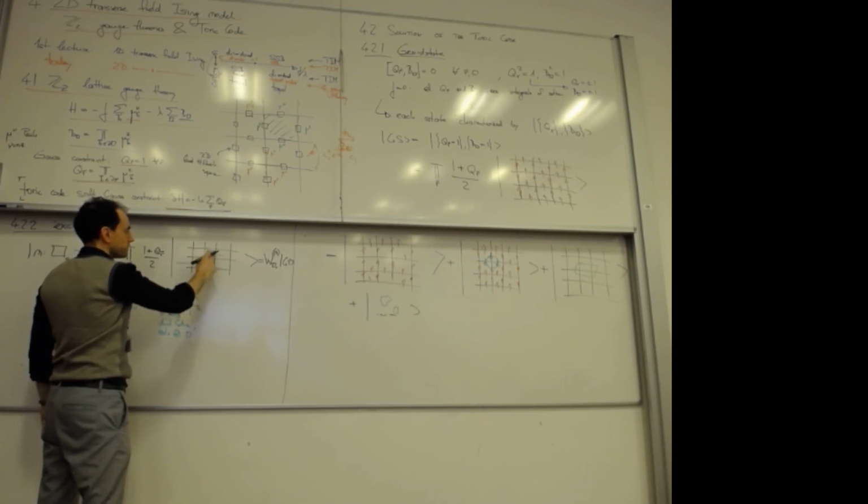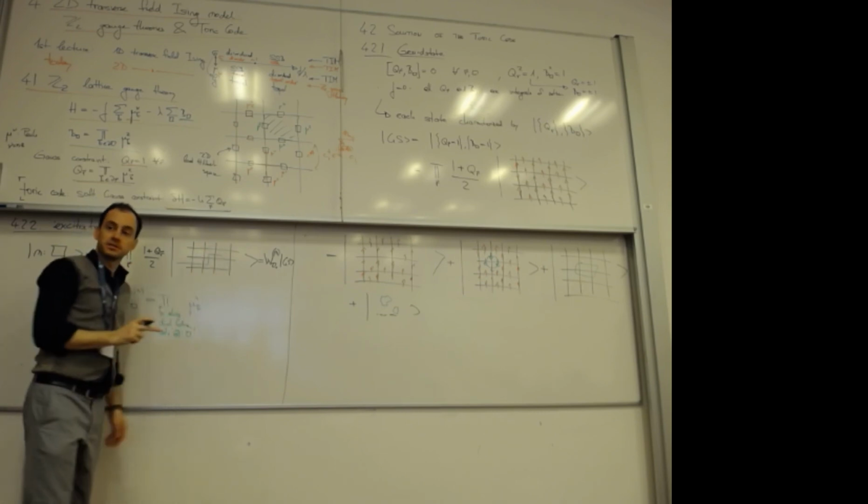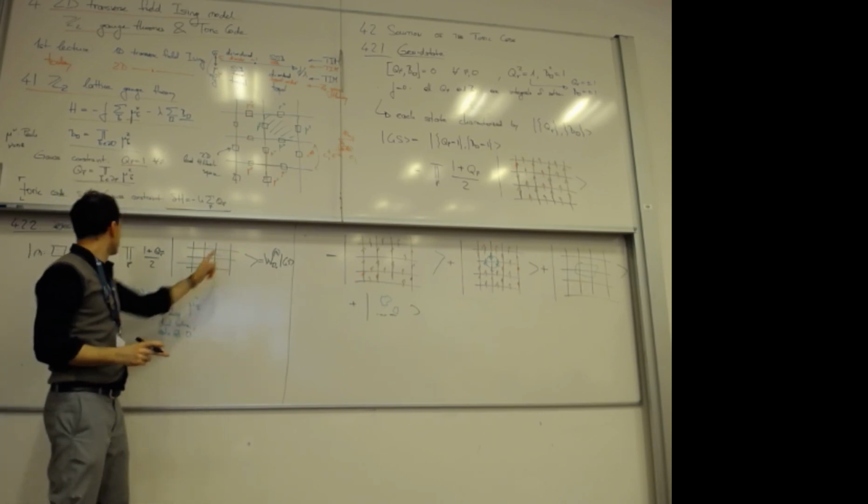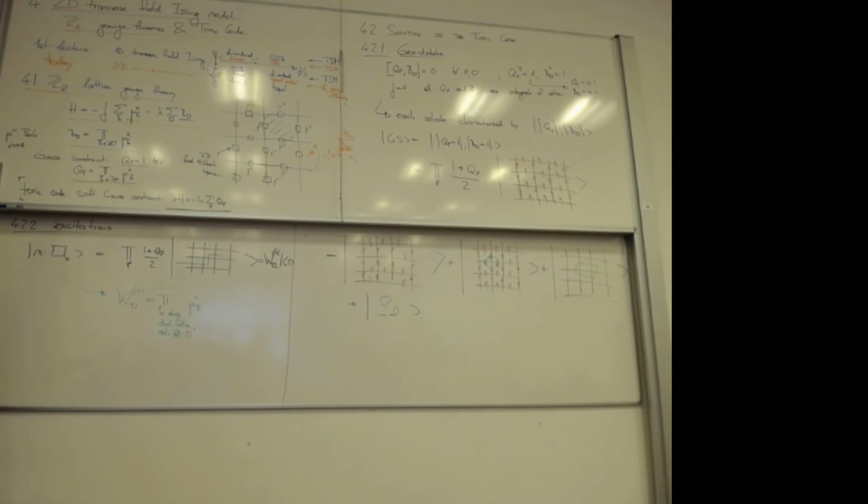This is still B equals 1. But here I flipped only one spin. So now I flipped at this position the magnetic eigenstate, the B, from +1 to -1. So this guy has energy above the ground state, so counted from the ground state, it has energy, what is it? 2 lambda.